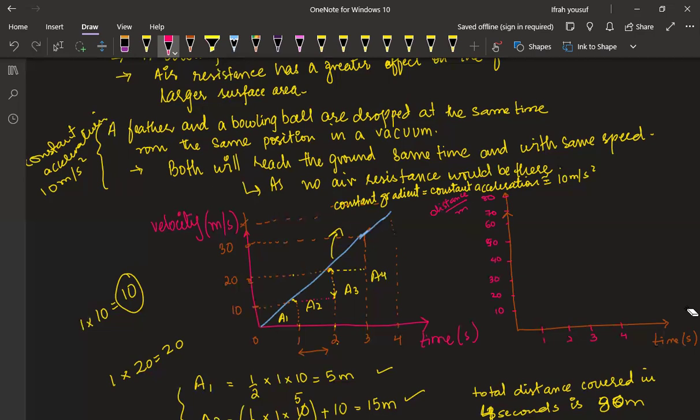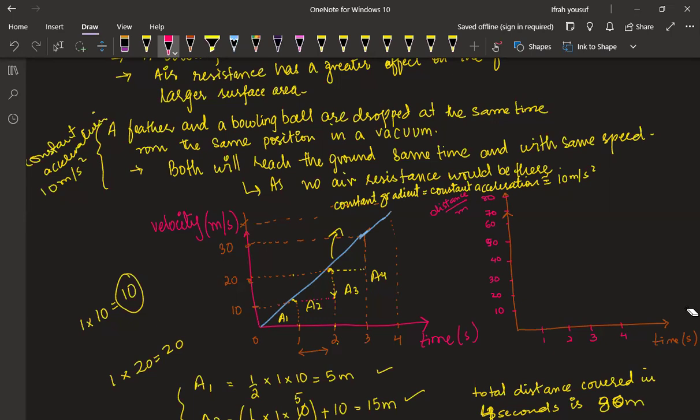Though it's not a sketch, a sketch is taken without data, right? Whenever we have data, we are plotting it. Okay, we are making it on the graph paper with a proper scale defined.